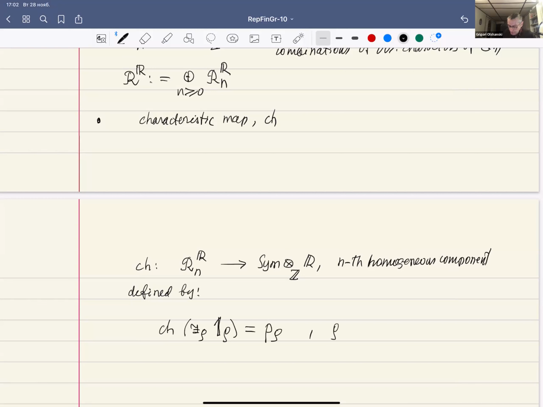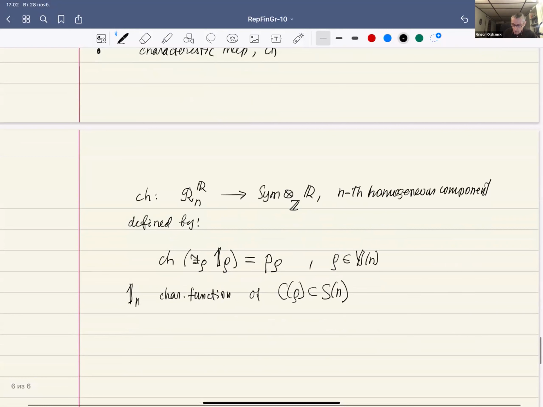Here, rho is a partition or Young diagram with n boxes, and I recall that this is the characteristic function of this conjugacy class, which is indexed by this partition rho. And Z sub rho is some quantity which is assigned to this partition rho.